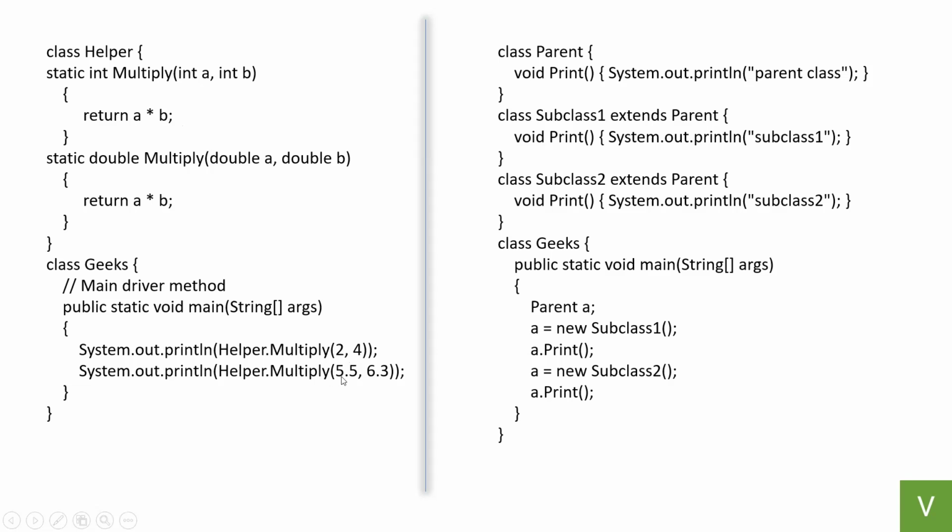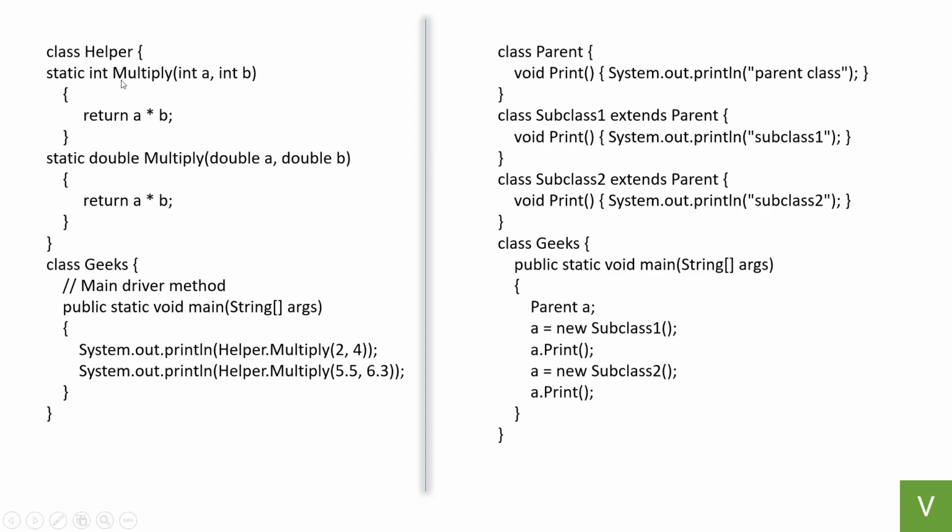Similarly, when we call 5.5 and 6.3, double values, the execution will go to static double multiply of double a, double b, return a into b. So method overloading means the function name will be the same, but the parameters will be different. Whenever we call it in the main function, it will execute according to its parameters.